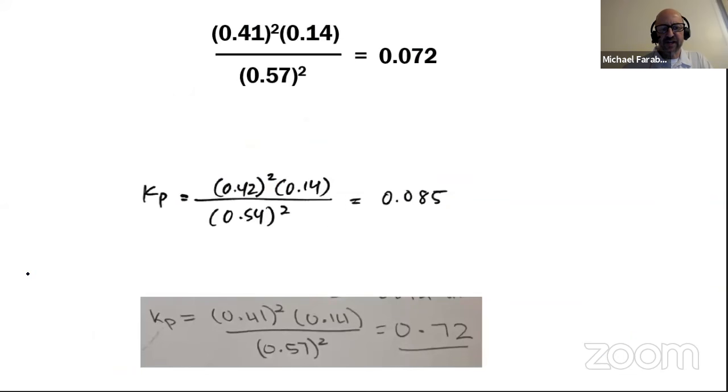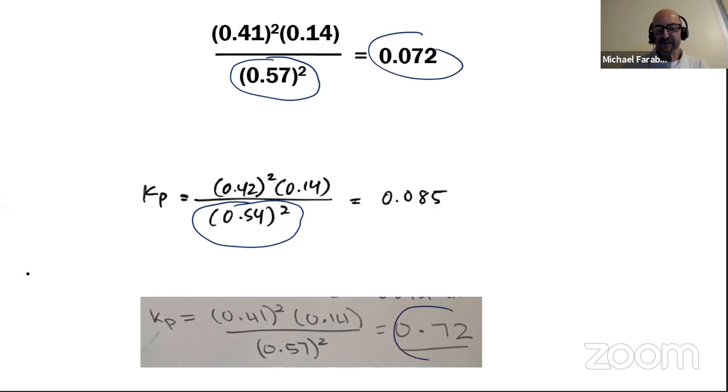Okay, watch out. That's what it should be. They just read the graph wrong. It's definitely higher than 0.55, so they went in the wrong direction. And then again, it's not 0.72, it's 0.072. So watch out for careless math errors.